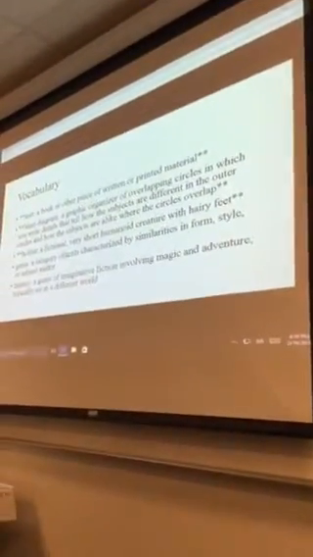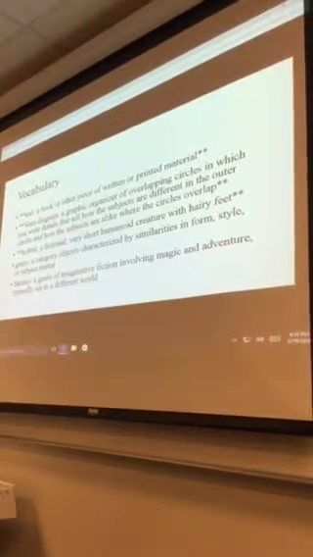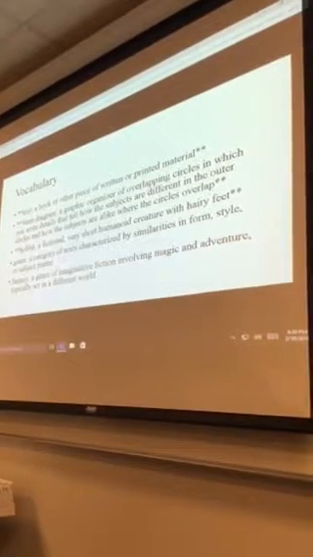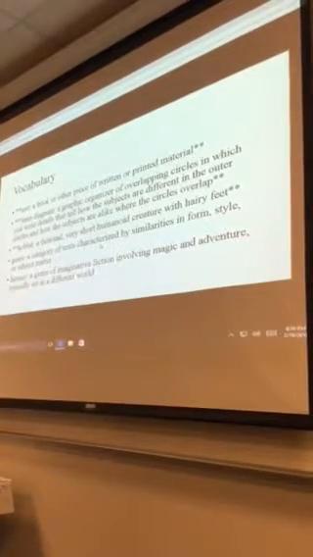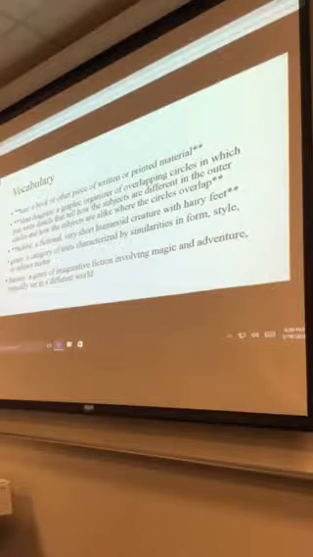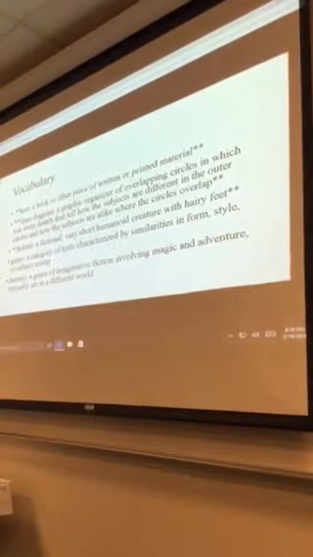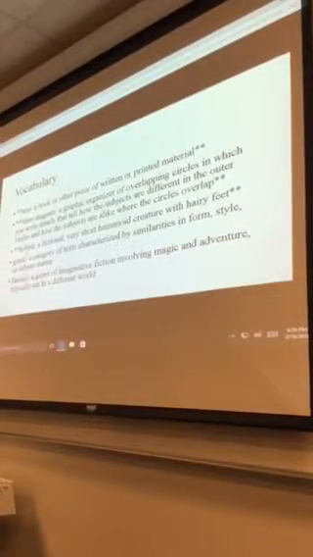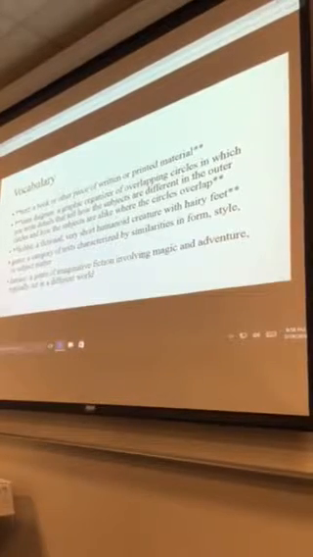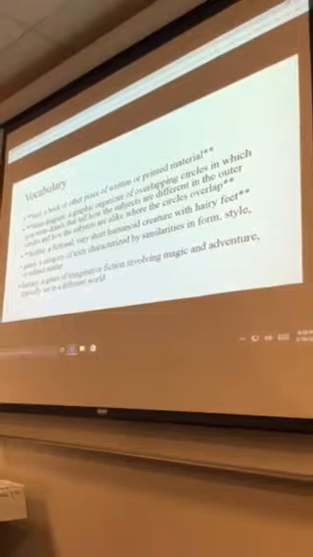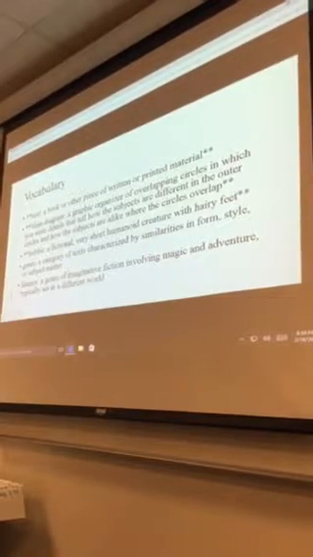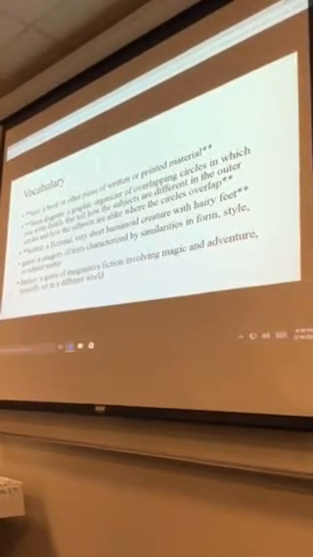And a Venn diagram is a graphic organizer of overlapping circles in which you write details that show how the subjects are different in the outer circles and how the subjects are similar or alike where the circles overlap. And a hobbit is a fictional, very short humanoid creature with hairy feet. And then genre and fantasy are here, but we're really not going to be talking about them for our little tiny lesson here.